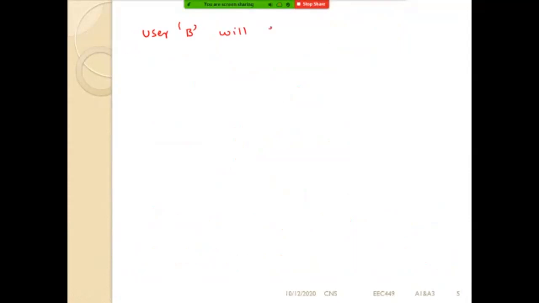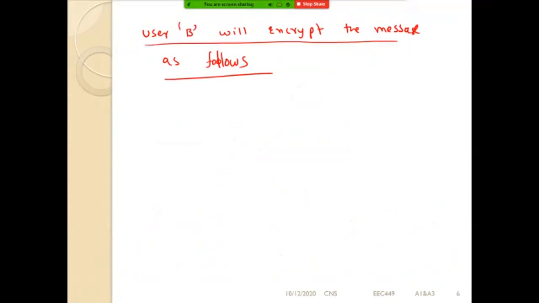will encrypt. Now see the encryption. User B will encrypt the message as follows. User B knows the public key of user A, that means he knows Q, alpha, and YA.